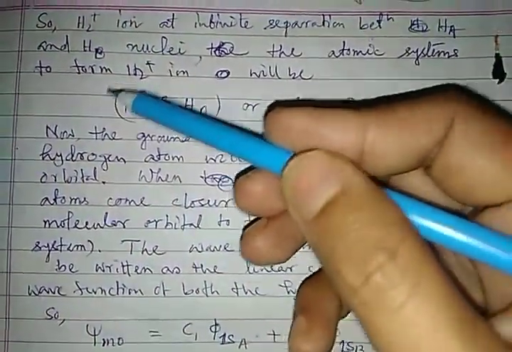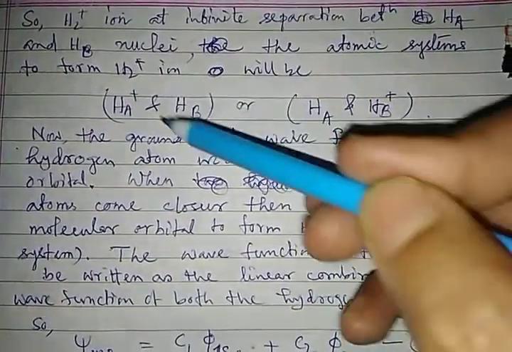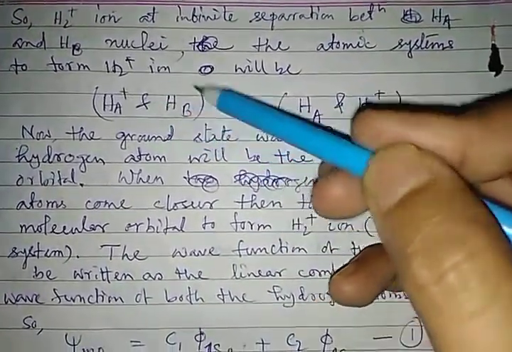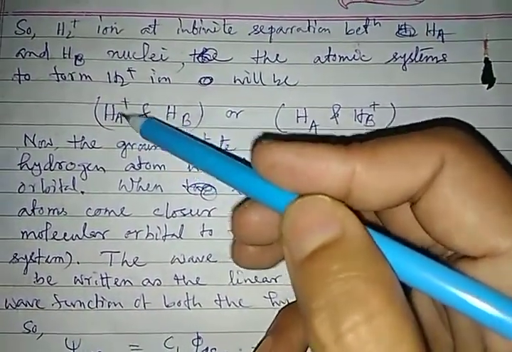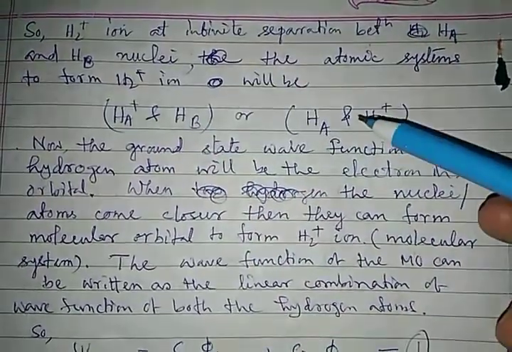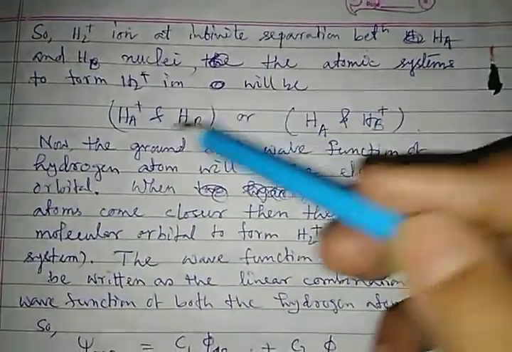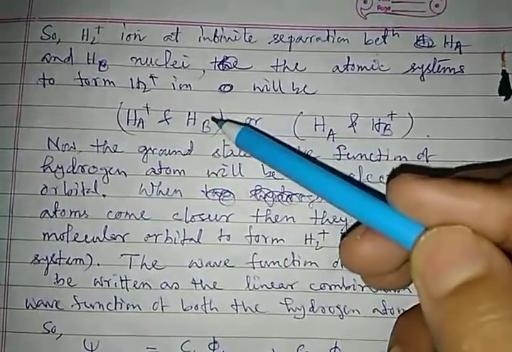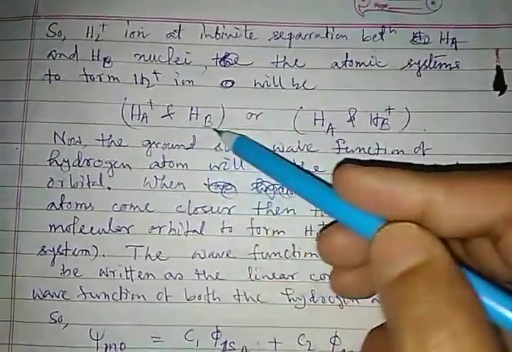Now, we consider either HA or HB as a hydrogen atom, which has one electron and one proton, and the counterpart will be HA+ or HB+, which is a proton. So there is a combination of two systems: one has a single proton, and the other has one proton and one electron. Let's consider this system first.